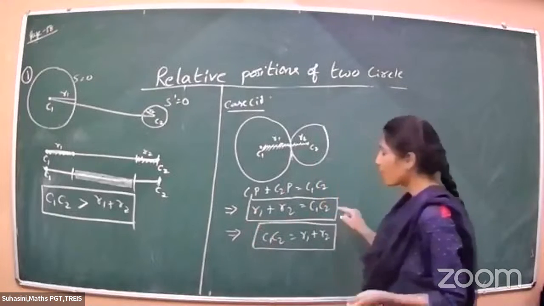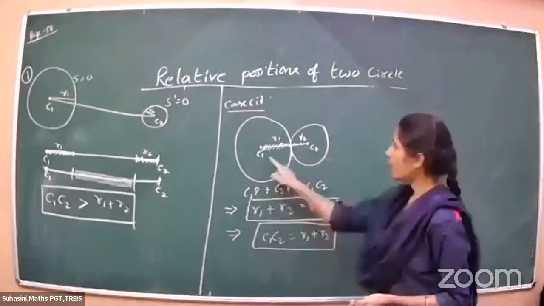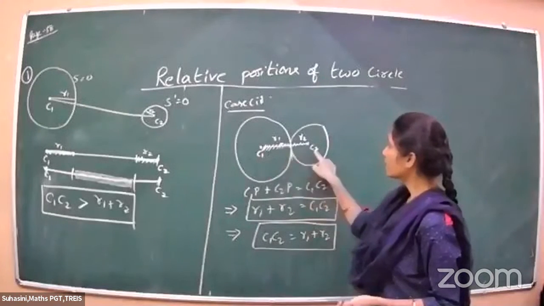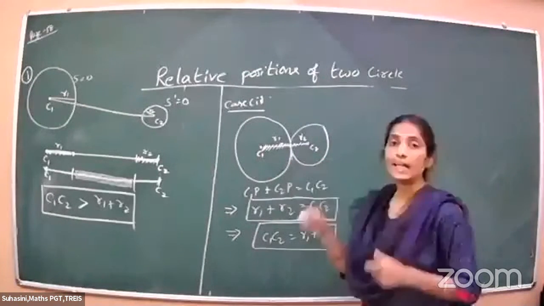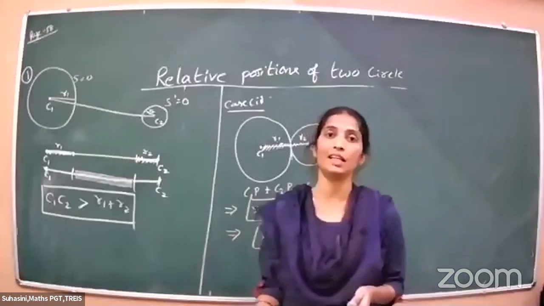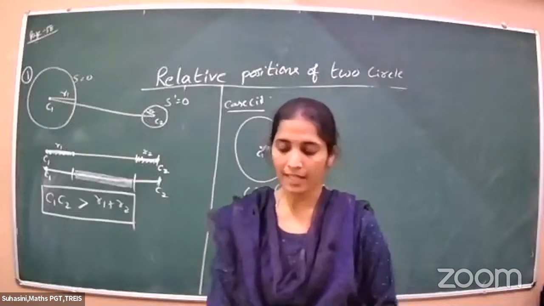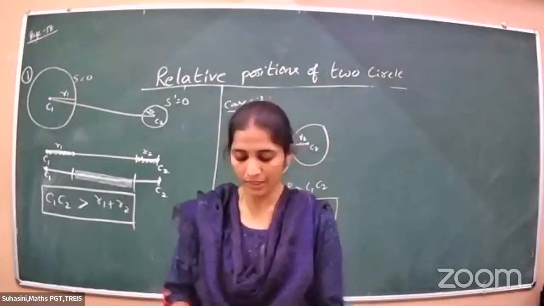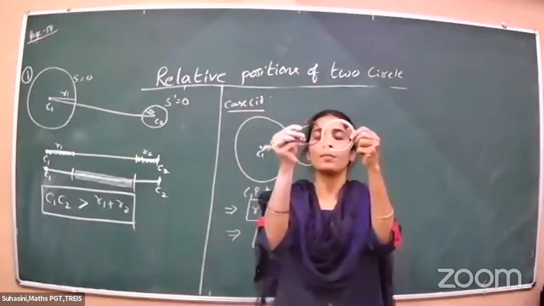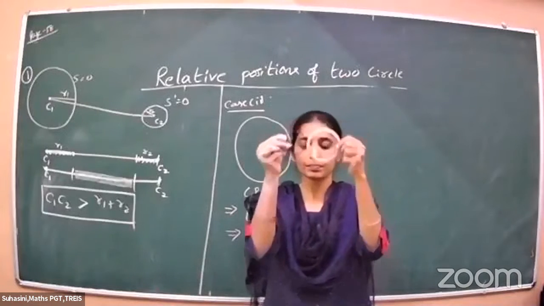So C1 C2 equals R1 plus R2 is the condition required for these two circles to touch each other externally. One circle is outside the other, but they touch from outside like this.